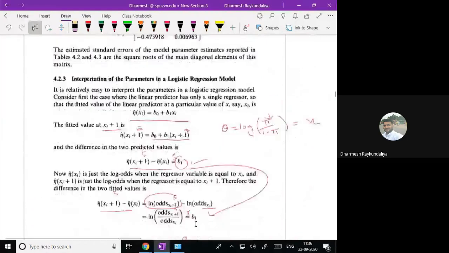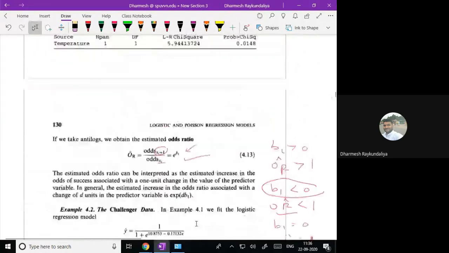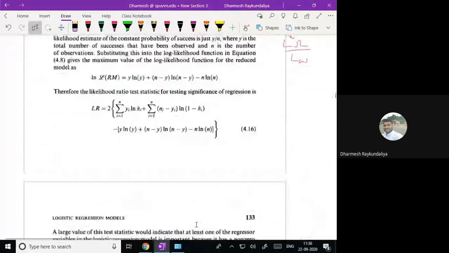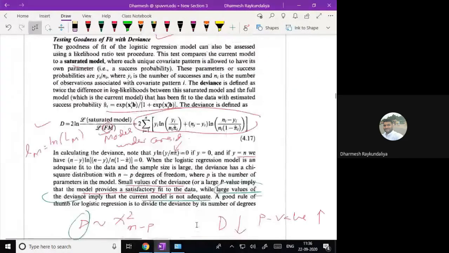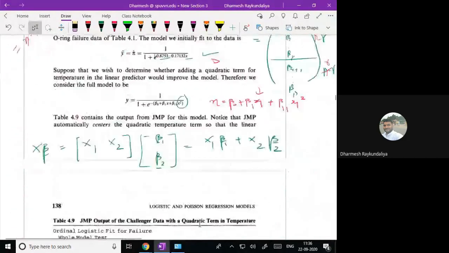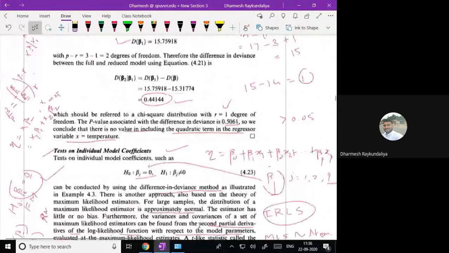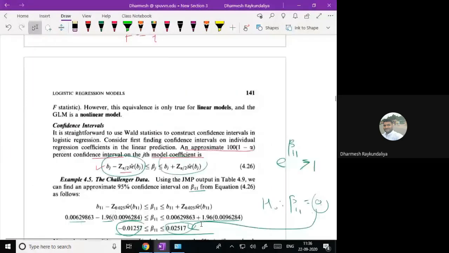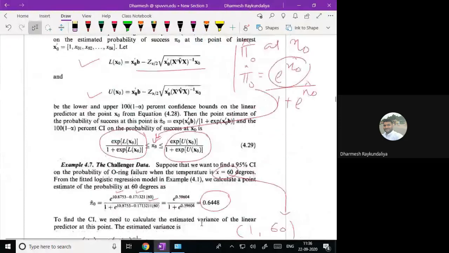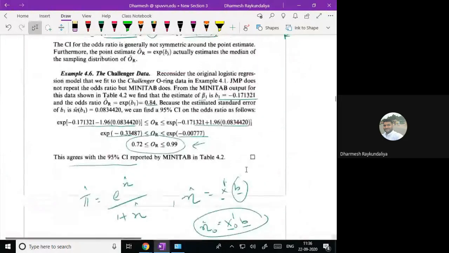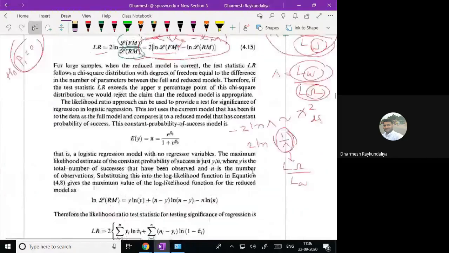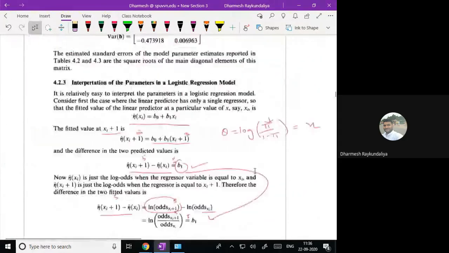This is the Challenger data. We have developed the derivation of the variance of b.